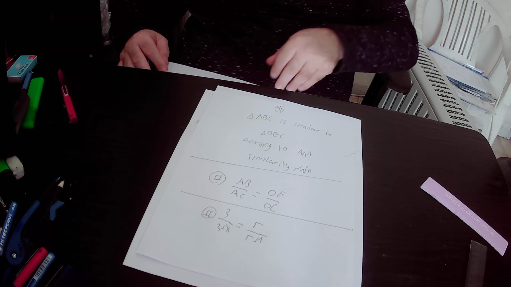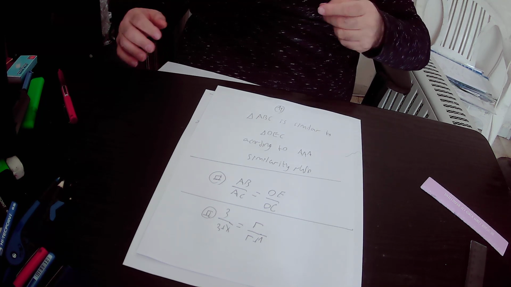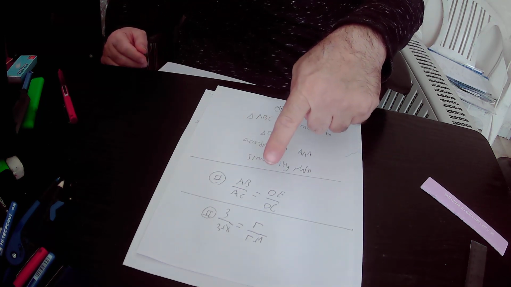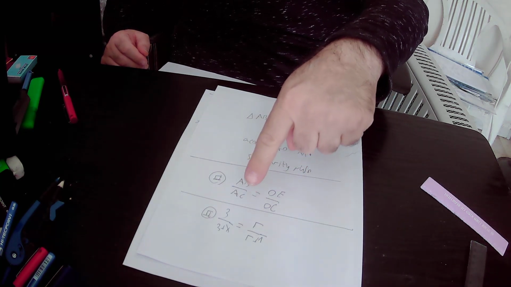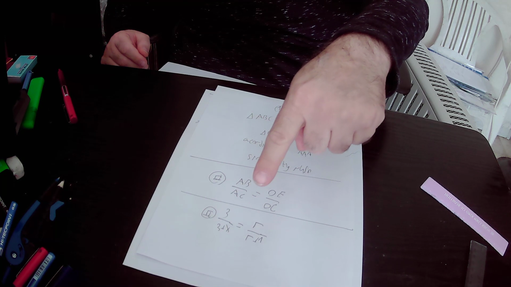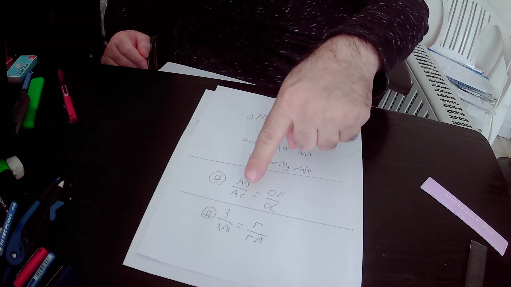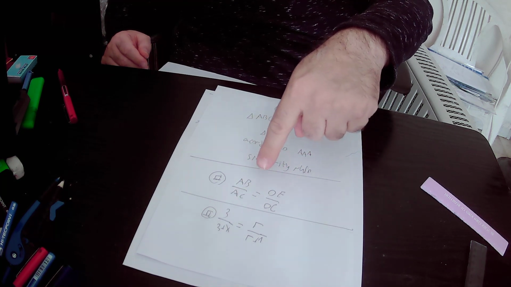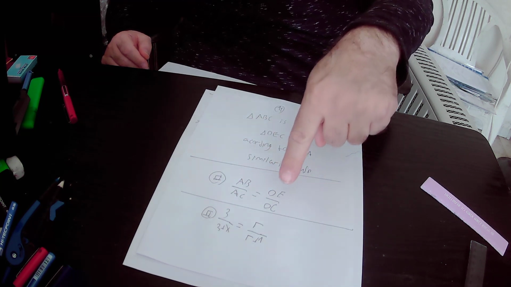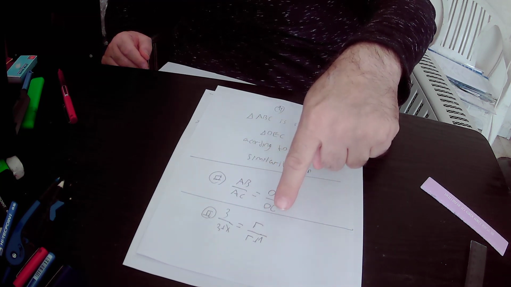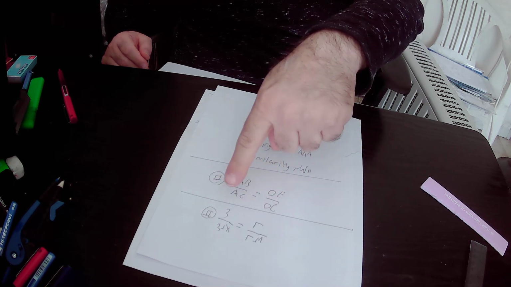And from the fact that triangle ABC is similar to triangle OEC, we can derive that AB over AC equals OE over OC. AB equals 3 units, AC equals 3 plus X, OE equals R, and OC equals R plus 1. So we got this equality.